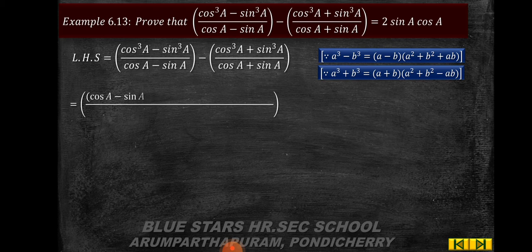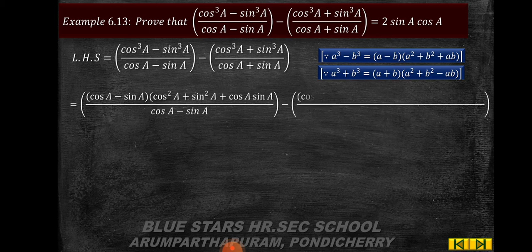Here A is your cos A and B is your sin A. So cos A minus sin A into cos square A plus sin square A plus cos A sin A divided by cos A minus sin A minus, similarly for the A cube plus B cube formula, A is your cos A and B is your sin A. So cos A plus sin A into cos square A plus sin square A minus cos A sin A divided by cos A plus sin A. Then cos A minus sin A cancel. Similarly here also cos A plus sin A gets cancelled.